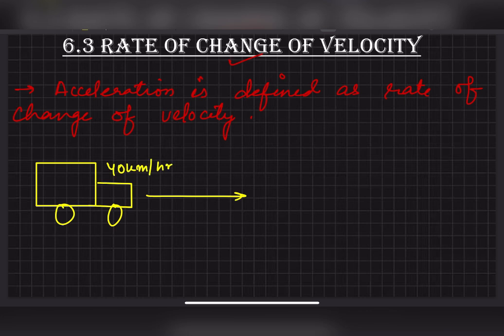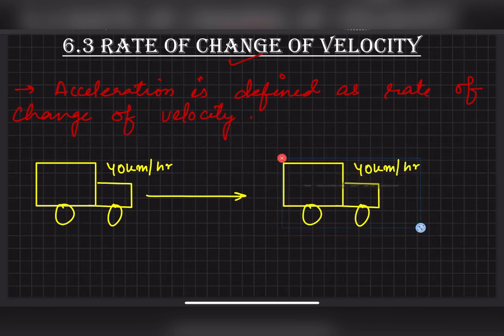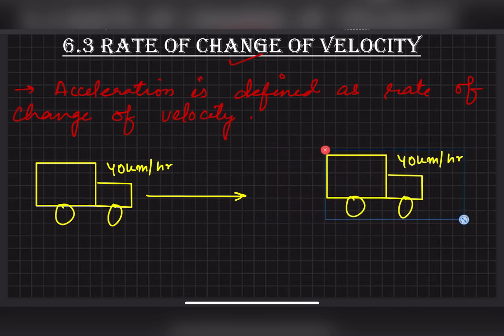When you reach here, still the speed is 40 kilometer per hour. You are not changing your speed. Speed is the same. So is the speed changing? No. So is there acceleration? Acceleration is zero. No change in speed means no acceleration.